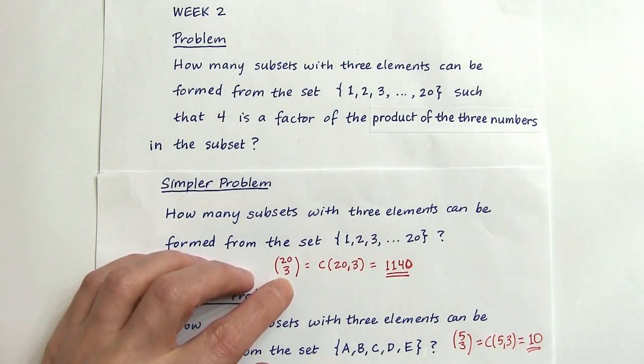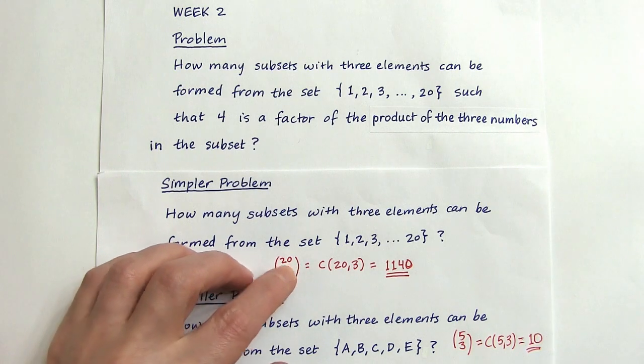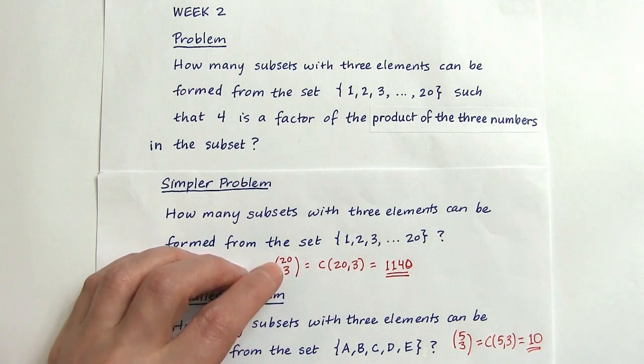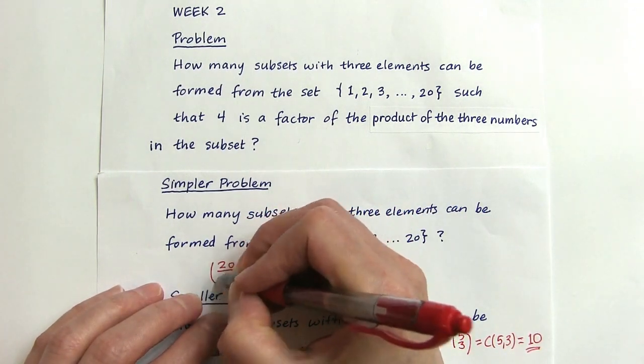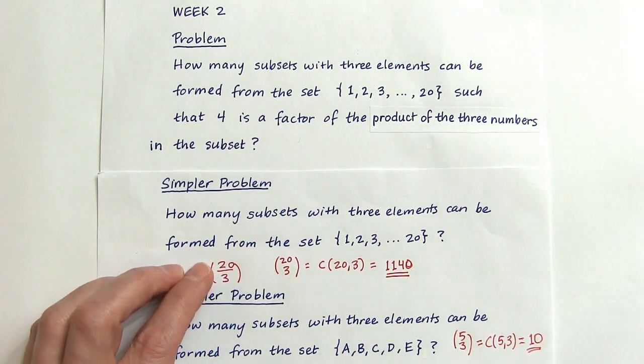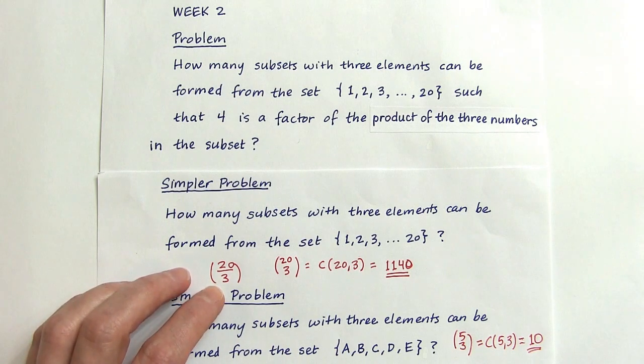But this notation is just a little bit tricky sometimes. People forget and they put a little bar and think that that's a fraction. But there's no bar here, so you don't do this. That's not correct, because that would be 20 divided by 3, which is equal to 6.66666 repeating.